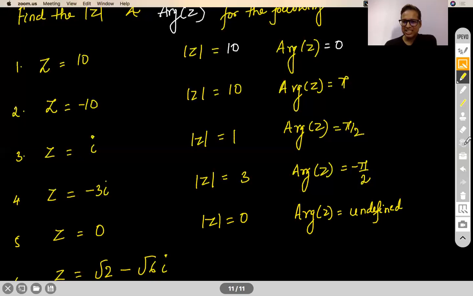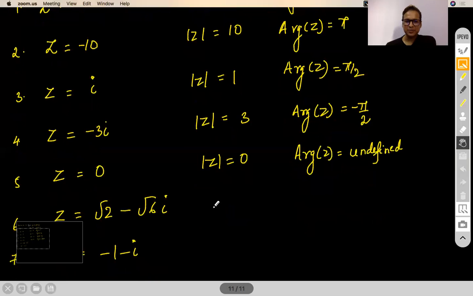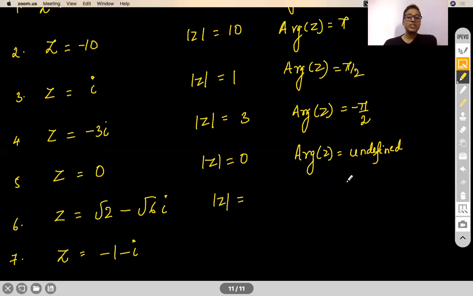Next, sixth one. You are trying to formalize it with a formula, Gayatri. Okay. So there is a formula, but it is not as simple as doing tan inverse of y by x. That always doesn't work.